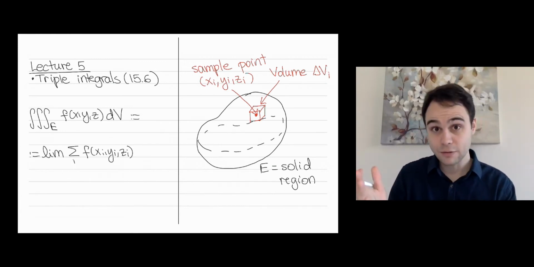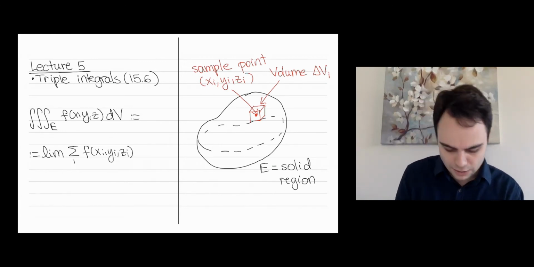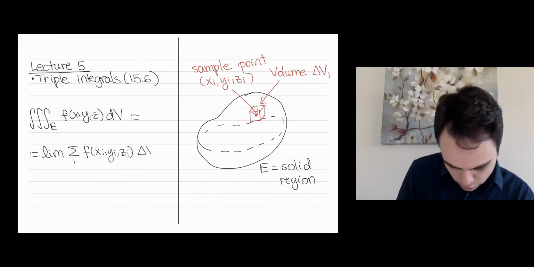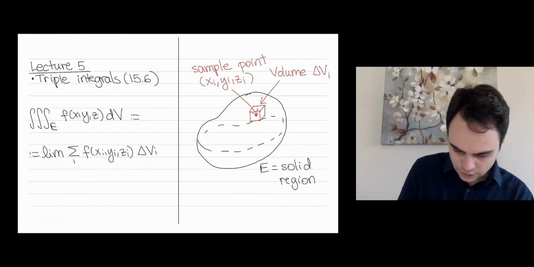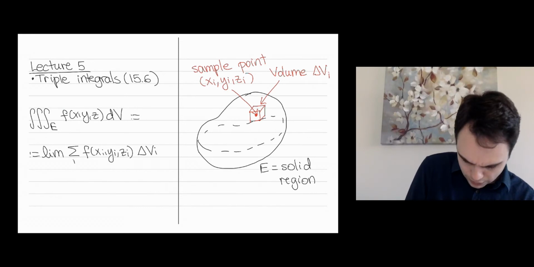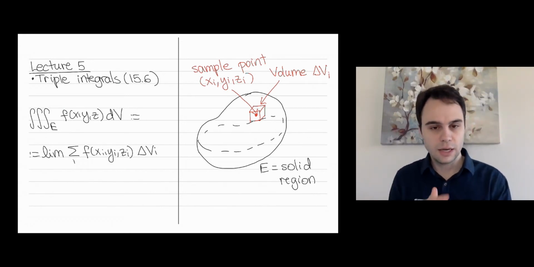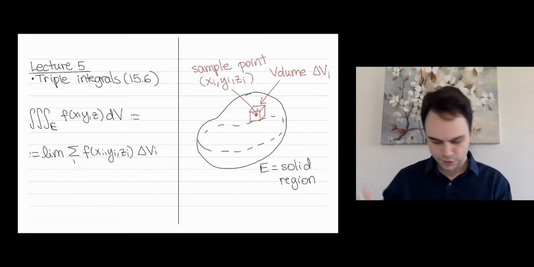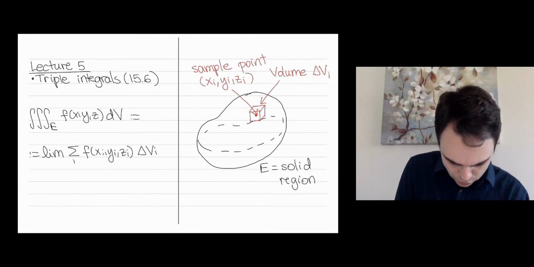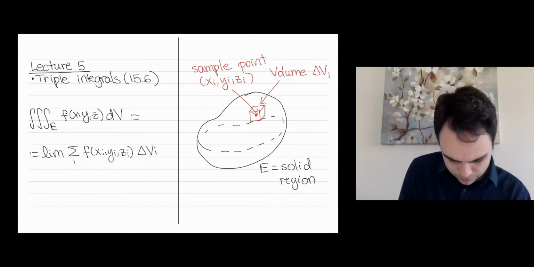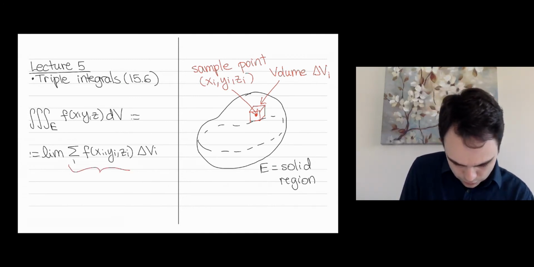I evaluate f at the ith sample point, and then I multiply by the volume of the ith piece. And so once I did all of these multiplications, I add the results together, and this gives me the triple integral in the limit. So this is called a Riemann sum.